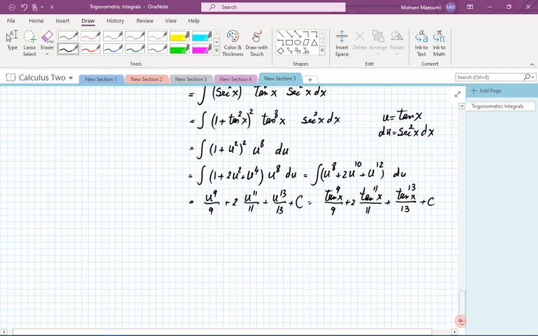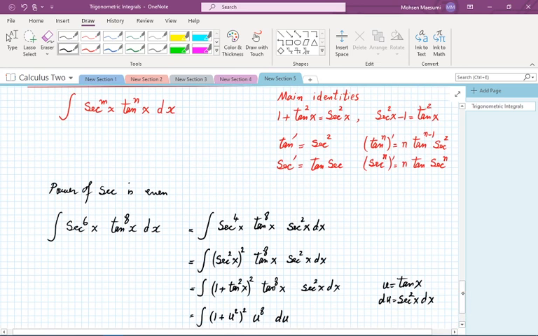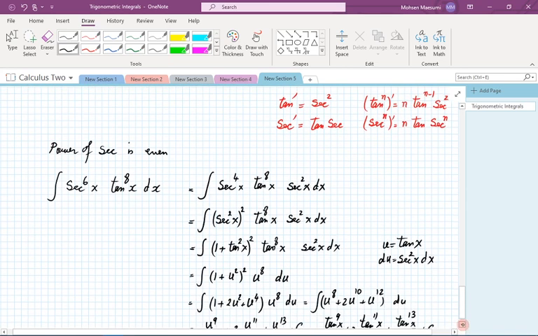Okay, now what if the power of secant isn't even? What other choices do we have? Another situation that saves the day is if the power of tangent is odd. If the power of tangent is odd, then we are going to make use of this formula. Let's see how that works.